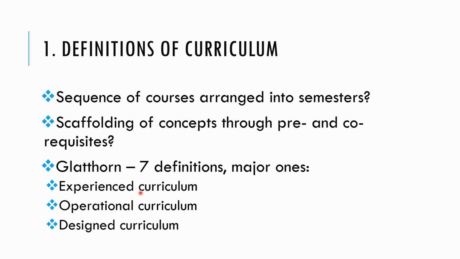So for instance, a student might say that, well, although the curriculum says we are supposed to be passing this course in that particular year, actually I know that most people only pass this course in this year. There's an operational curriculum, which is the way that the people teaching in the curriculum believe that it operates. And then there's the designed curriculum. So on paper, this is the curriculum that we believe students should be following.